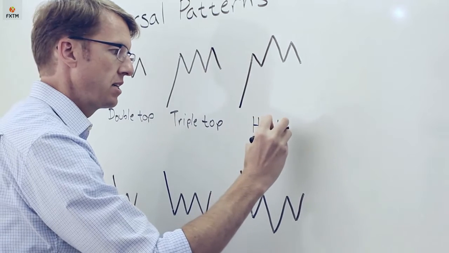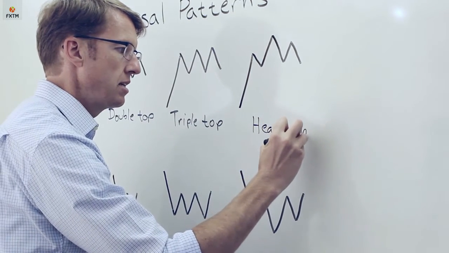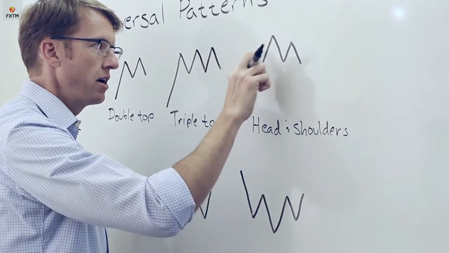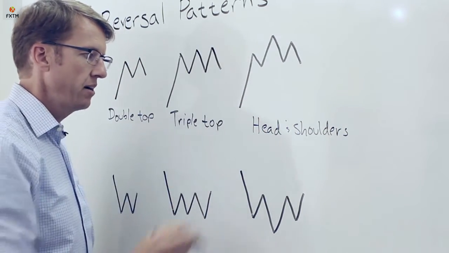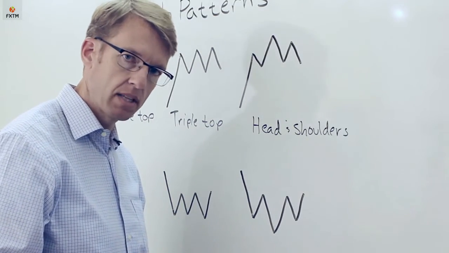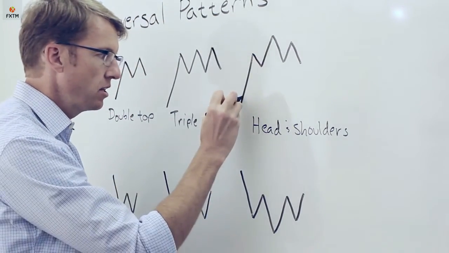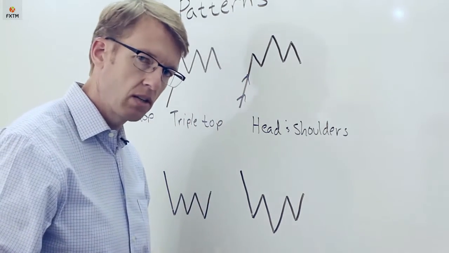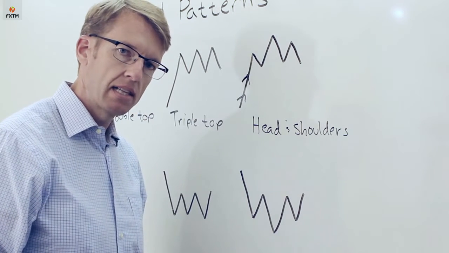The biggest difference here is that the shoulders are not even with the head of the pattern. So each one of these could be considered a bearish technical pattern, something that's identifying an end to the previous trend. So if it was positive, then we're looking for signals that that bullish trend is likely to end.